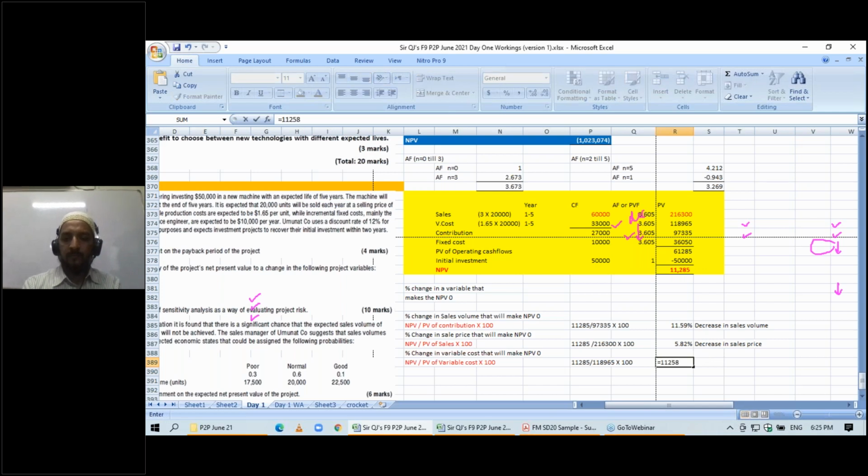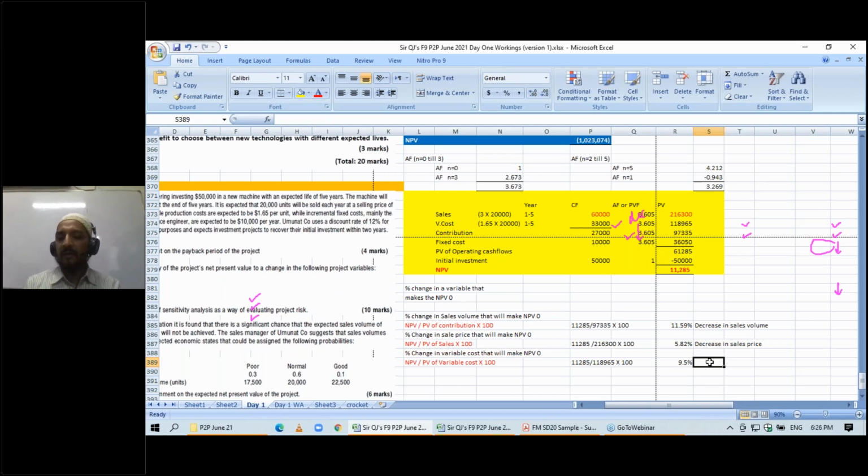So a 9% change, which is bigger than the sales price but lower than the sales volume.